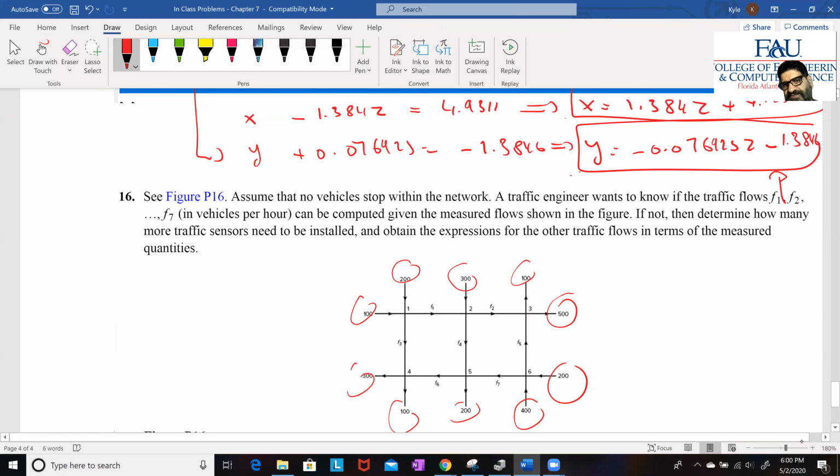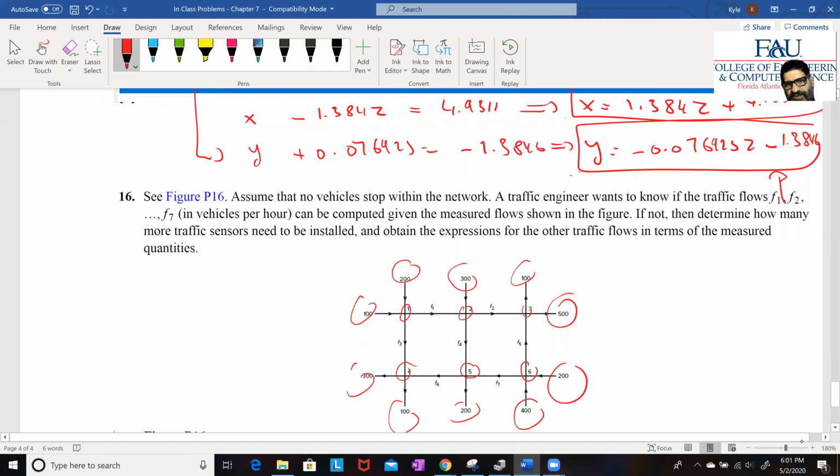Remember, for example, F1: 200 plus 100 is coming into that node, and what's leaving is F1. So we're going to do a balance at each node to come up with equations. It's pretty similar to circuits with current; you can think about it as an electric current that's coming.